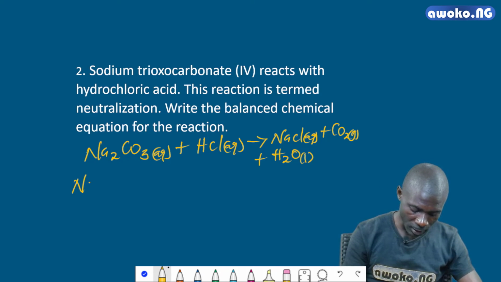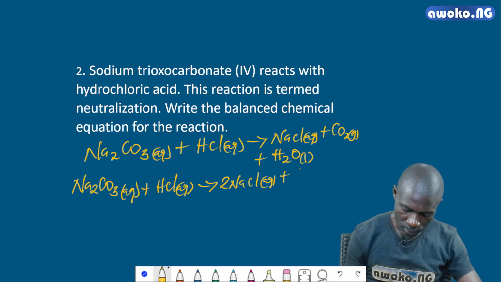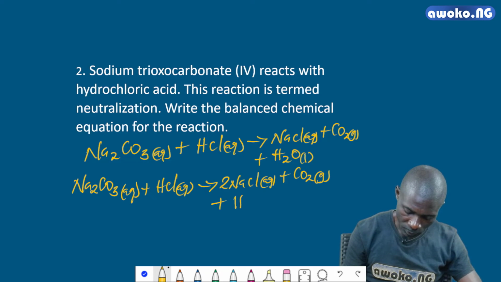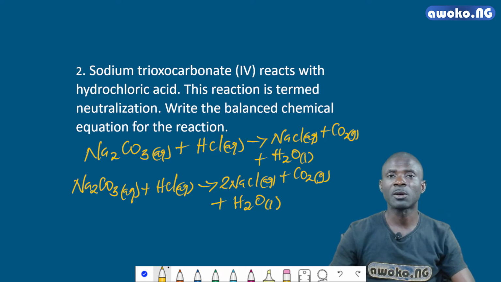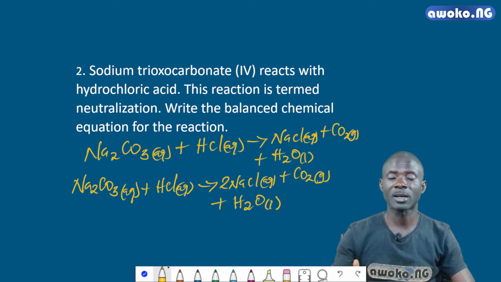So I will now have Na2CO3 aqueous plus HCl aqueous to give me 2NaCl aqueous plus CO2 gas plus H2O liquid. So this is my resultant equation when I added 2 moles of sodium chloride to my right hand side.